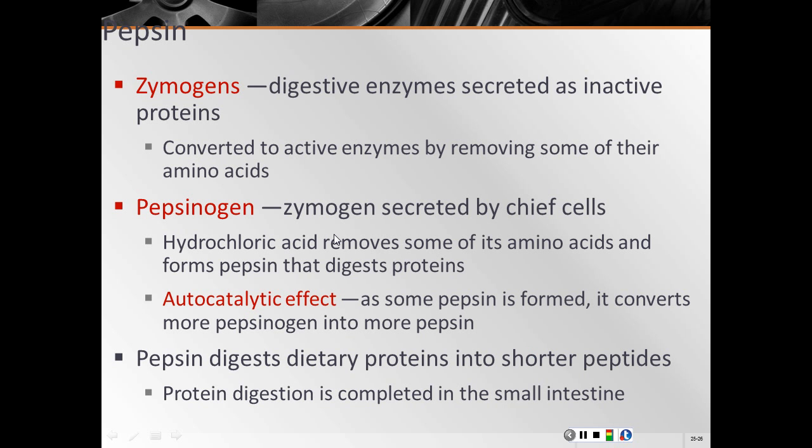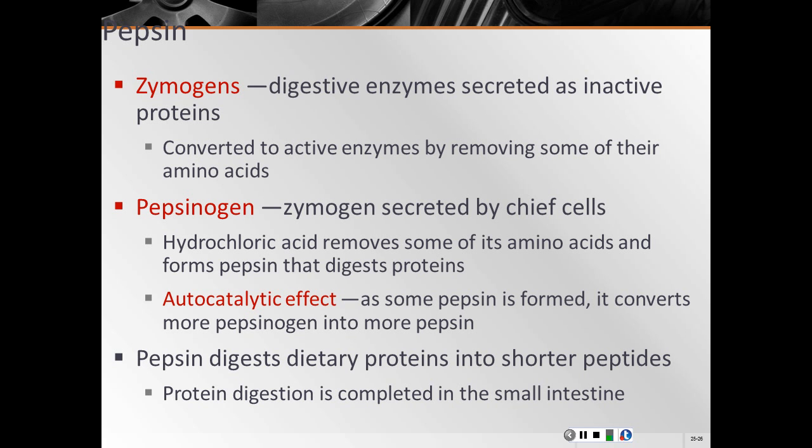When we look at pepsin, it is one of the digestive enzymes secreted as an inactive protein called a zymogen, which is then converted to an active form by removal of certain amino acids. In the stomach, chief cells secrete pepsinogen, and the hydrochloric acid removes some of the amino acids to convert it to pepsin.